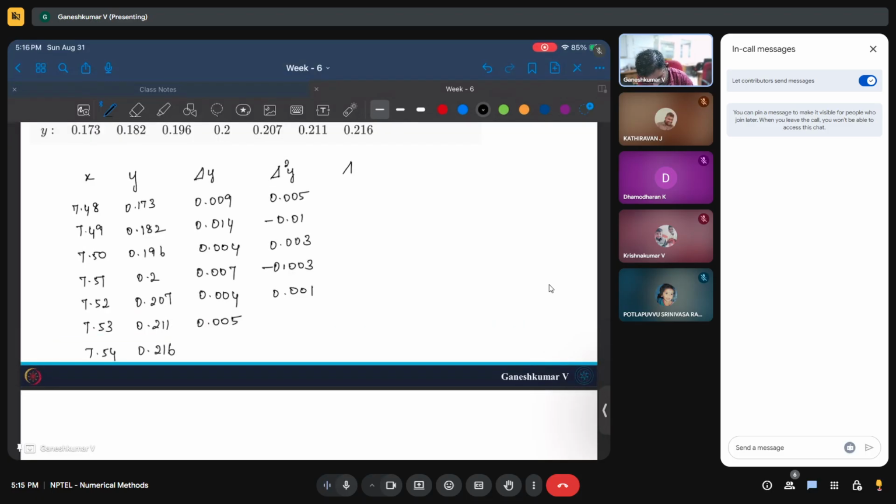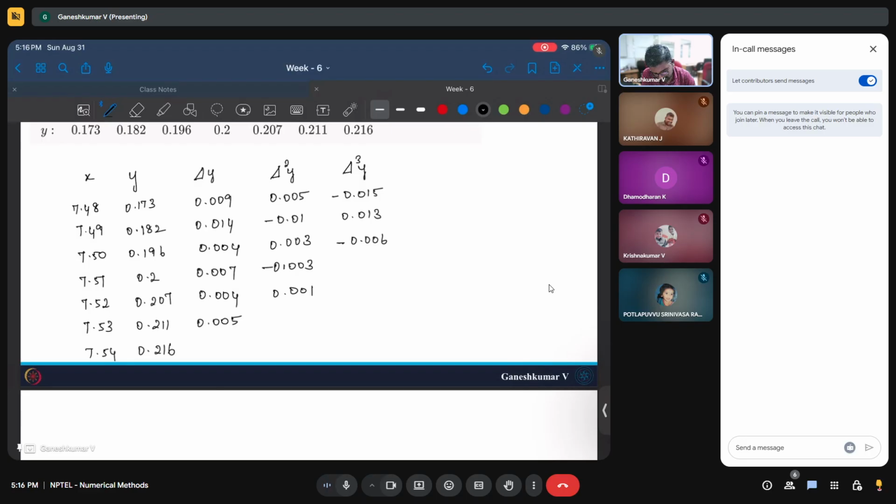Now del 3y is this minus this, so it's going to be minus 0.015. This minus this, so this becomes positive 0.013. This minus this, so it's going to be negative 0.003.